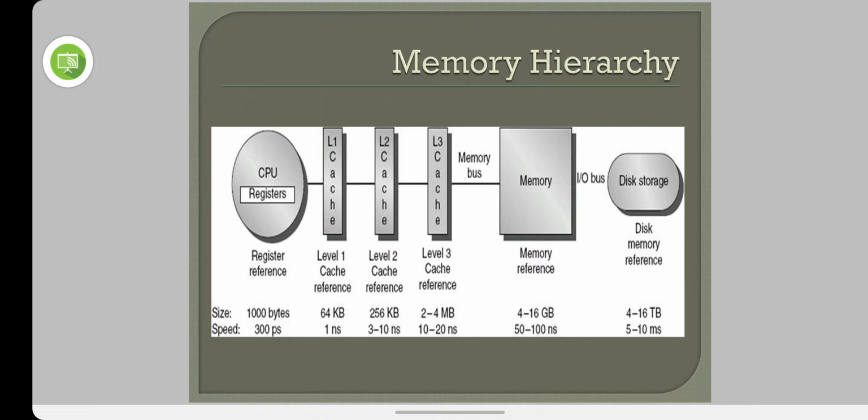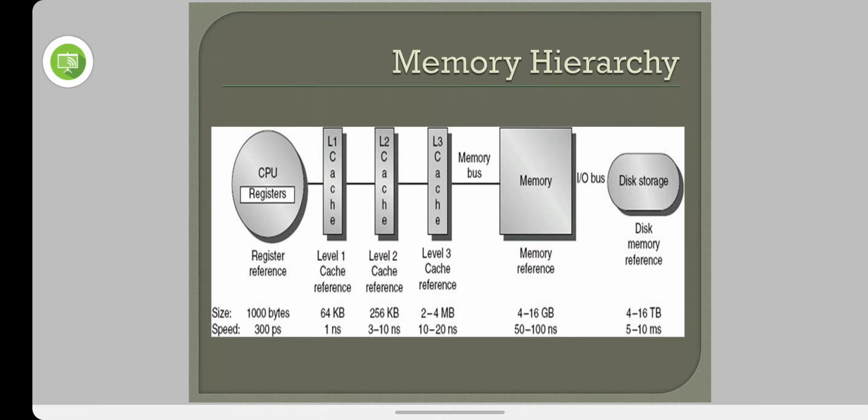Okay, so now coming to the hierarchical memory paths, as I have told before, the memories are kept in a hierarchical path. The fast and small memories are kept very near to the processor, and the large and relatively slow memories are kept farther from the processor. As you are seeing in this slide, we have the CPU with internal registers, which is of size 1000 bytes, and the speed is 300 picoseconds.